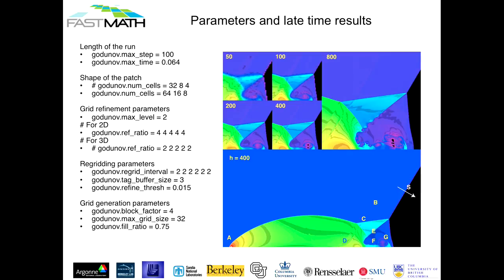You can set your max grid size smaller, and that gives you more patches to work with. It's patch-based parallelism, so if you set your max grid size too large, oftentimes people say, well, I can't get the code to go any faster at 10,000 processors. The first thing I ask them is, how many boxes do you have?